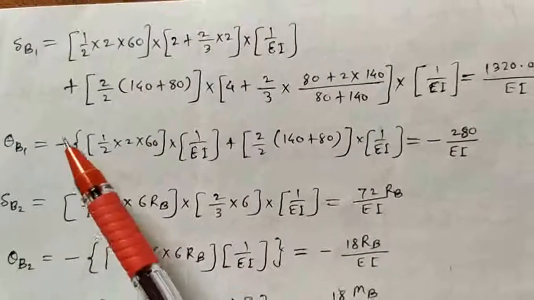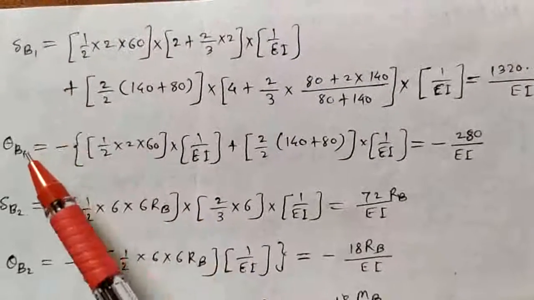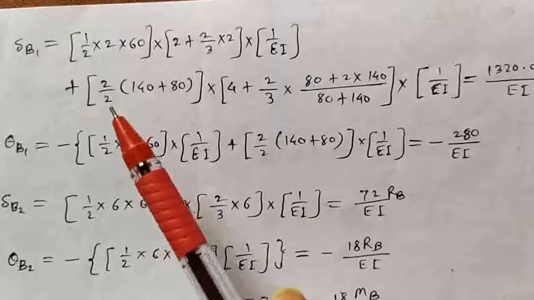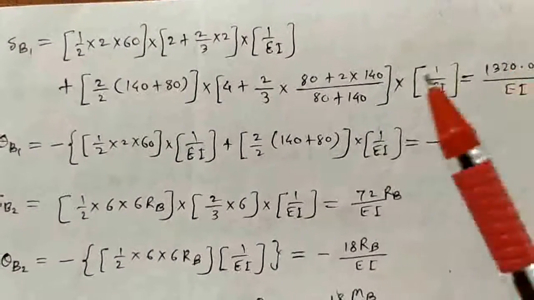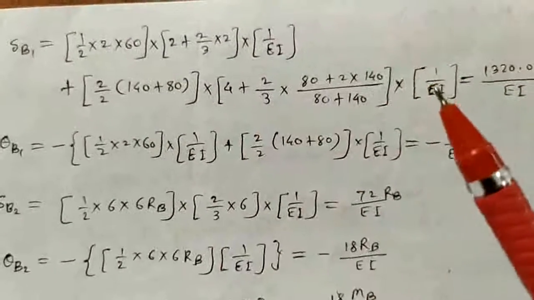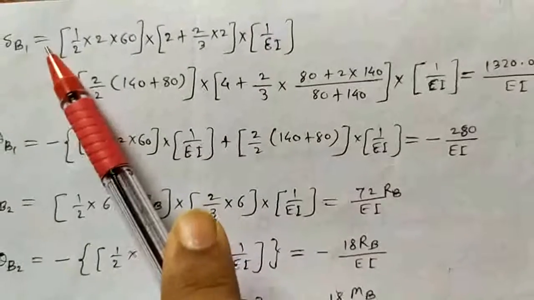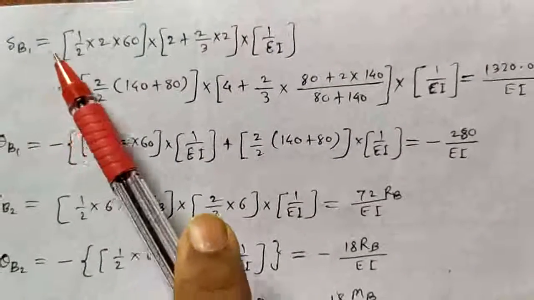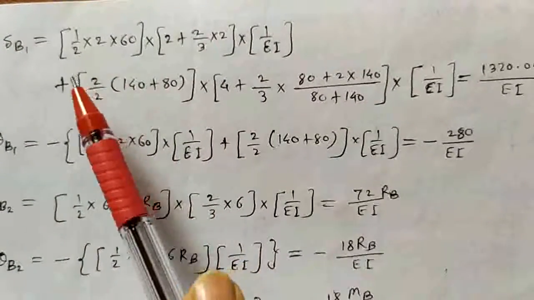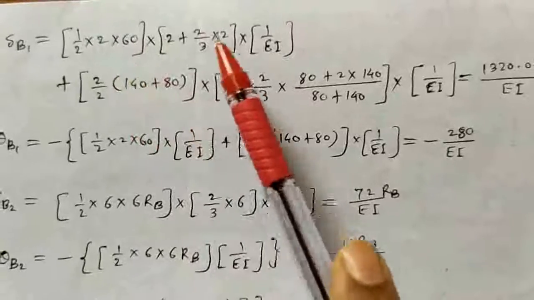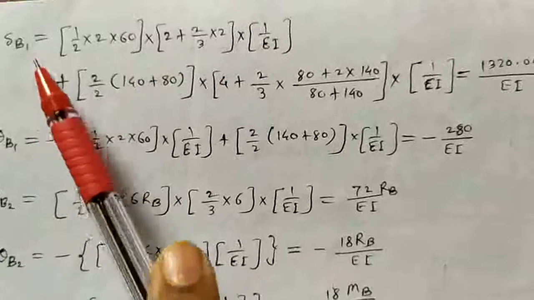So just keep in mind only one sign convention. If you write the delta B1 value properly, you can write theta directly: write the first and last bracket and put a sign opposite of delta.